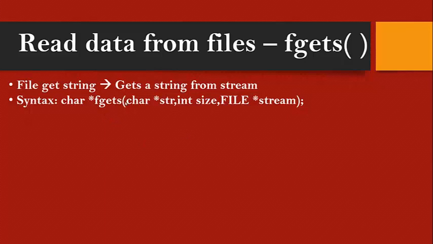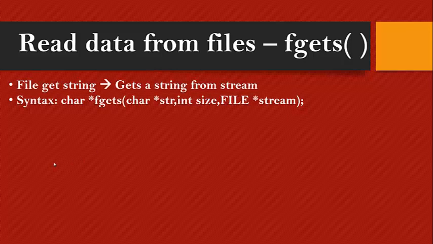What happens here is that we have to specify three input arguments, or three parameters. The first is the character array itself, followed by the size of the input that you are trying to pass, and then the stream from which you are going to receive the input.